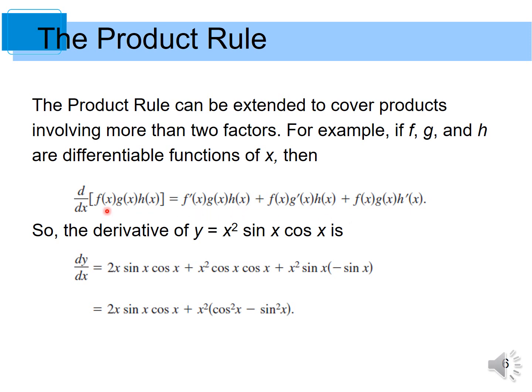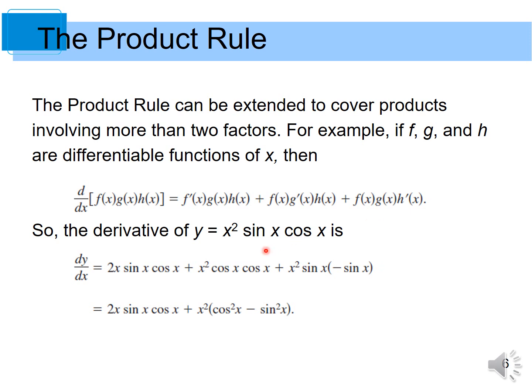Meaning that first we differentiate f(x) and multiply by g(x) and h(x), plus we differentiate the second function, so we have g prime(x) times f(x) times h(x), plus we differentiate the third function, h(x), so we have h prime(x) times f(x) times g(x).